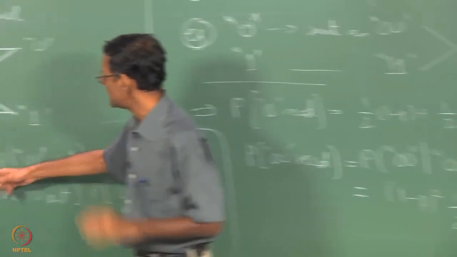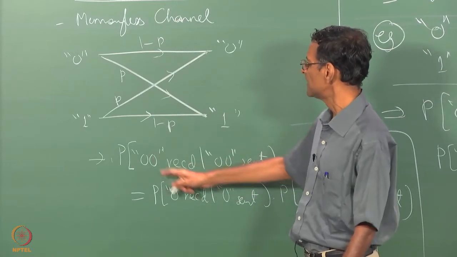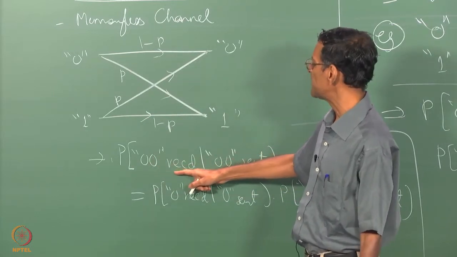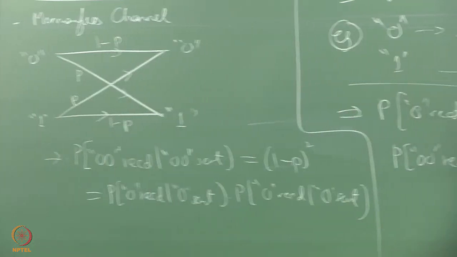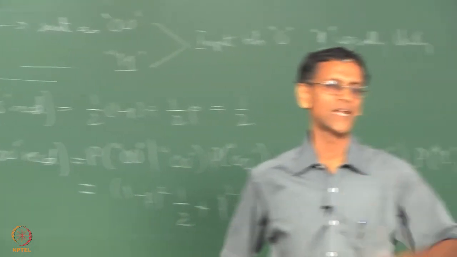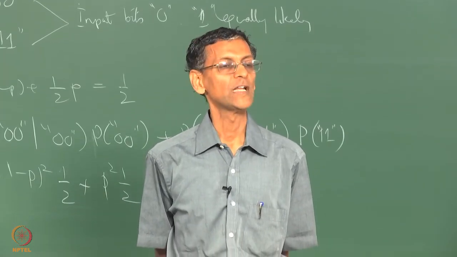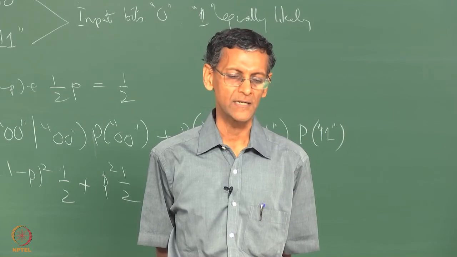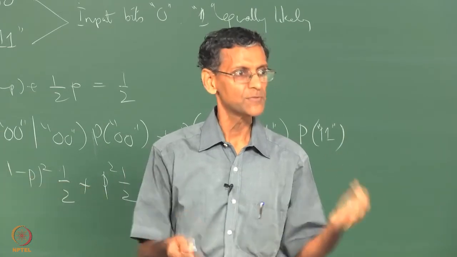There you have, regardless of any coding done on the input bits, the probability of a string of bits being received given a certain string of bits being sent, you can write for a memoryless channel in terms of the individual transmissions. What is the probability of 0 received given that 0 0 1 was sent? You can write it out in terms of the individual transmissions.